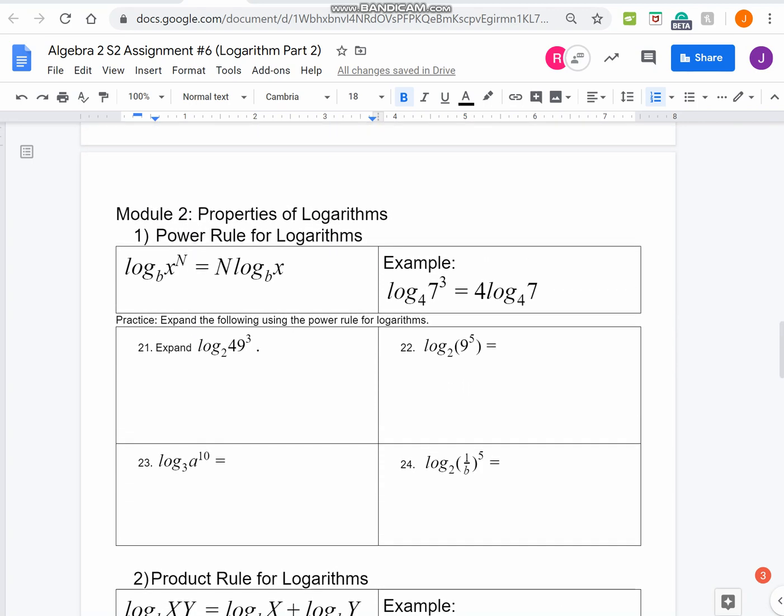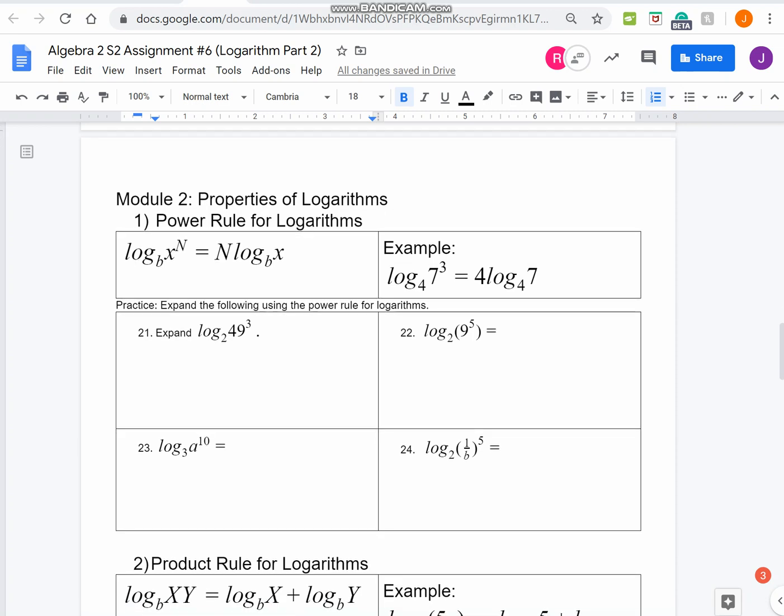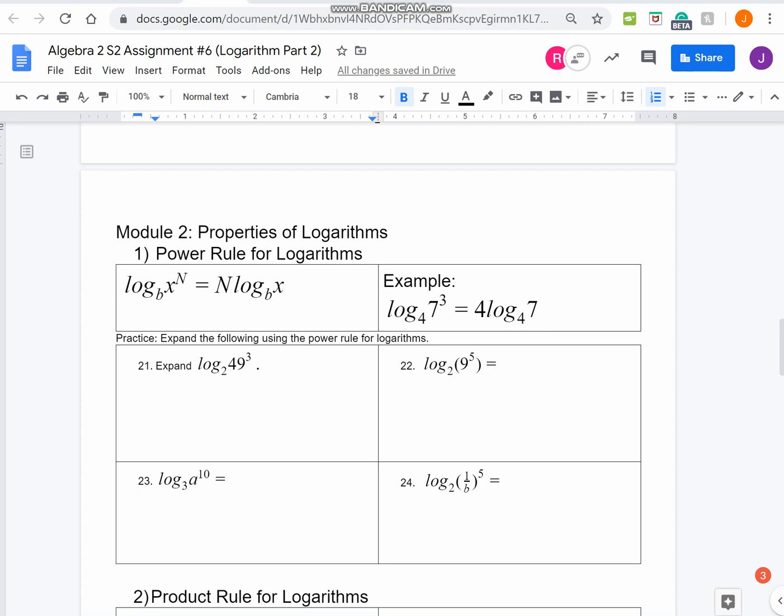So I'm going to start off with the power rule. Actually, the power rule is not really similar to exponential form, but it's a really easy one if you pay attention.